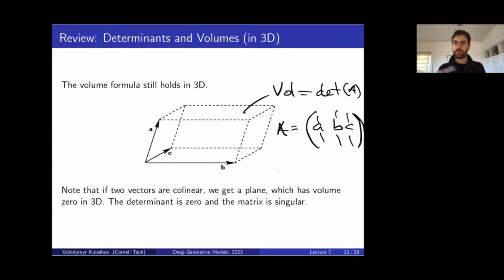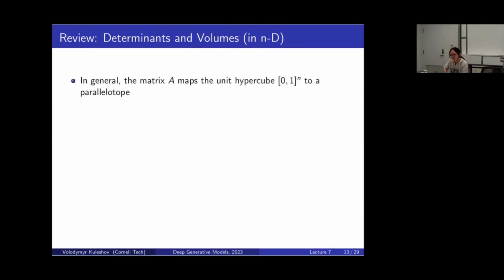And you can also check for fun, if C happened to be collinear with either B or A, then the depth of the parallelogram would be 0, and we would have a volume of 0. And we know also that if A, B, and C are not linearly independent, if C is collinear in A and B, then this matrix A is not full rank, therefore it has a determinant of 0. So that intuition also matches. Okay, so these are volumes in 3D.